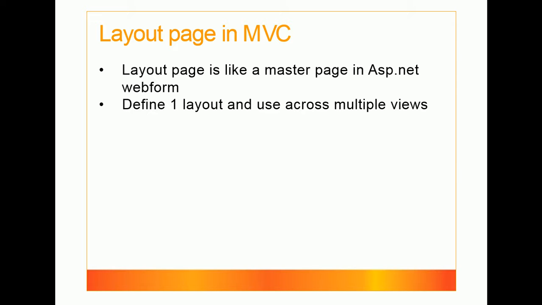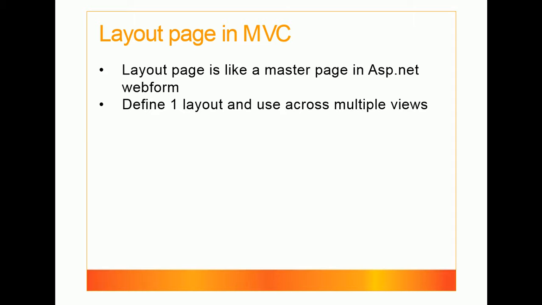Instead, we can create one layout page which contains all the menus, header and footer, and integrate the other views into this layout page. This also helps us to achieve the DRY principle, that is, don't repeat yourself.